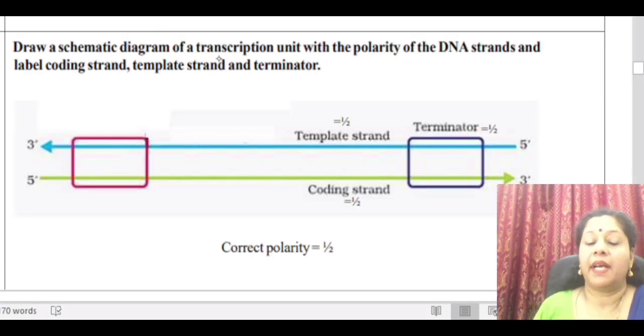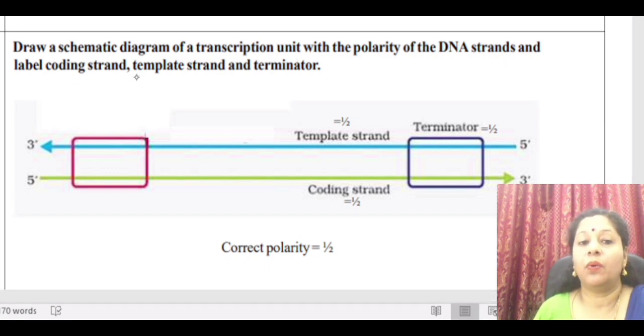Draw a schematic diagram of a transcription unit with the polarity of the DNA strands and label the coding strand, template strand and terminator. A transcription unit has three parts. The first part is called the promoter, the second part is a structural gene, the third part is a terminator. There are two antiparallel strands in a DNA. The first strand is with the polarity 3' to 5', and this strand is called the template strand.